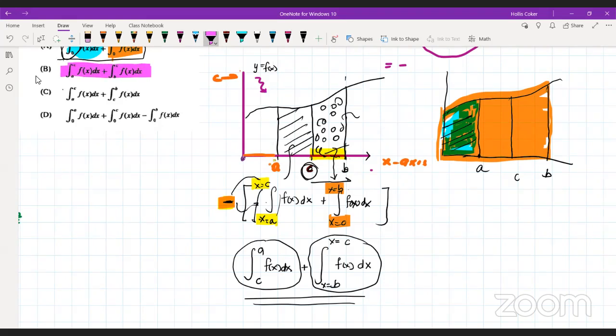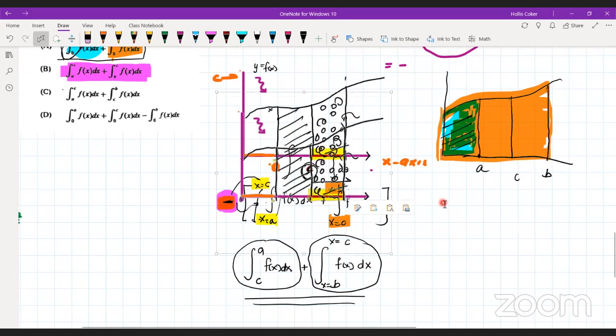The sign is what is troubling me. The sign needs to be negative. Okay, so let's look at C. I'm going from A to C, so let's see.